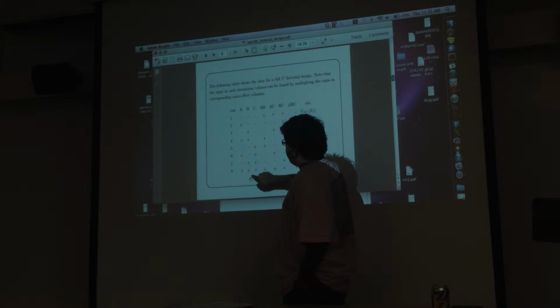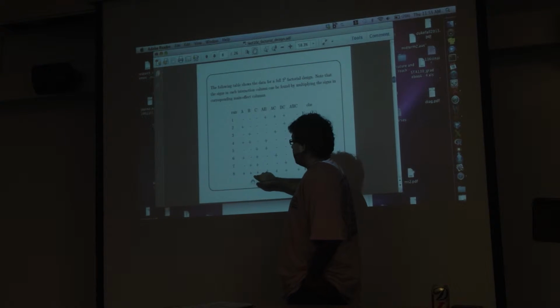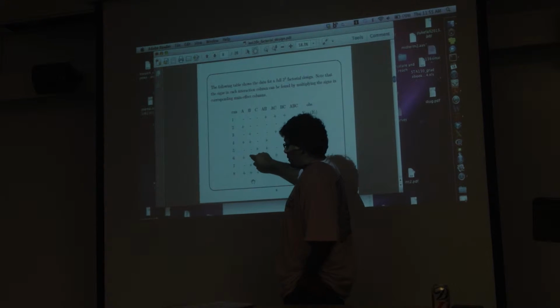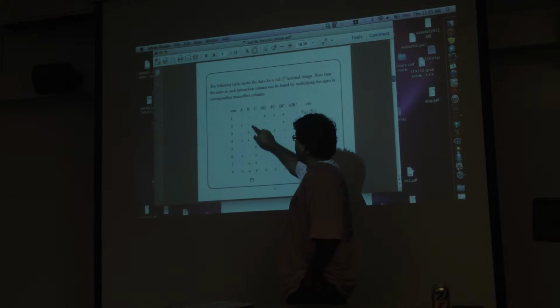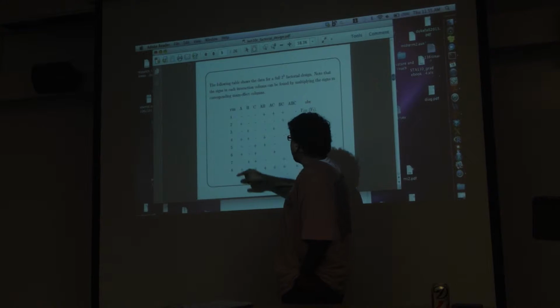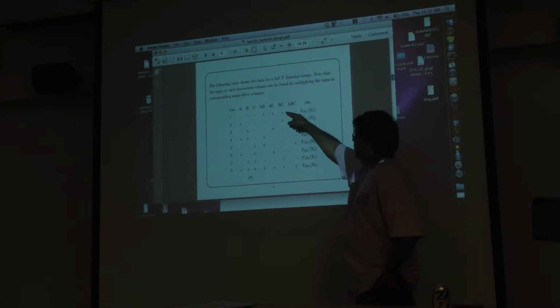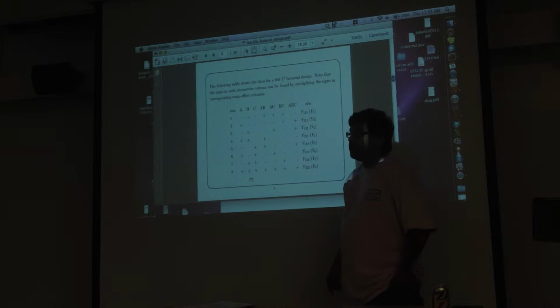How would I get main effect B? What would I add? I'd add these 2, so 3, 4, plus 7, 8, minus what? 1, 2, okay? Same with the interaction effects. The way you get them is by just adding them up, okay?